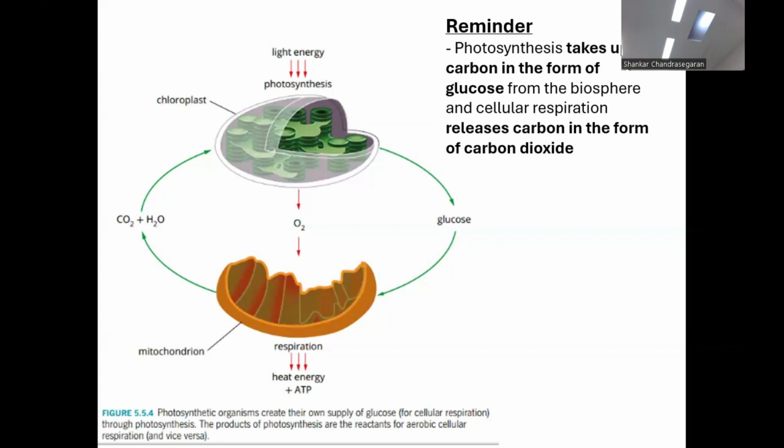This process takes up carbon from the atmosphere. Okay, so in the carbon cycle, if we looked at what is actually absorbing carbon from the atmosphere, plants are the main contributor to that. Through photosynthesis, they take up carbon from carbon dioxide and either convert it into glucose or store it within themselves.